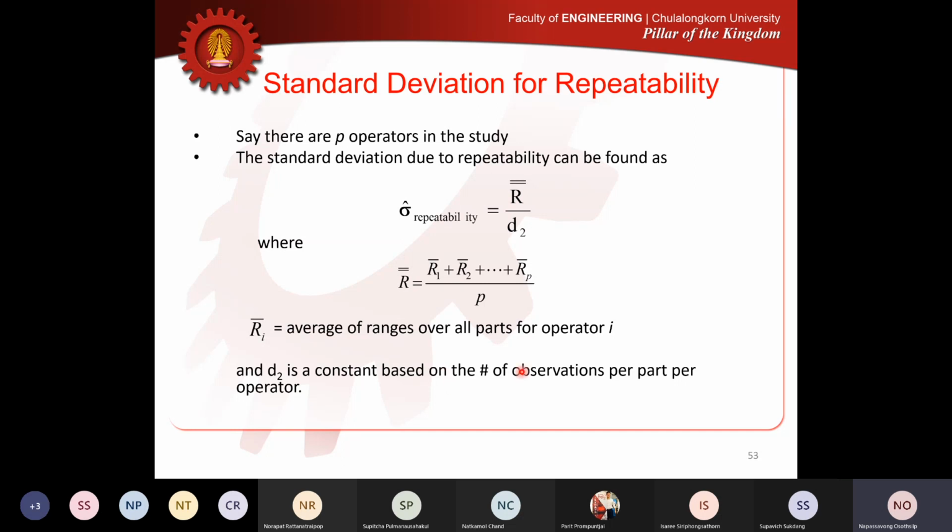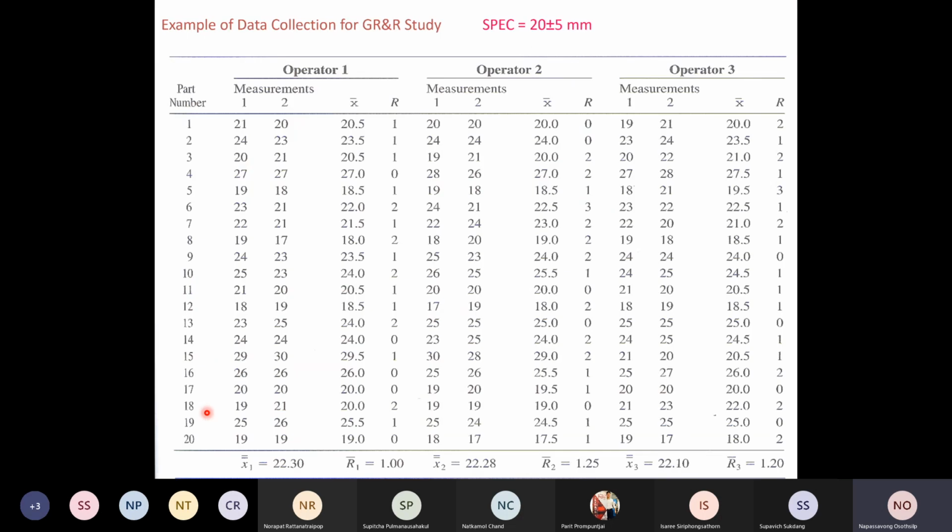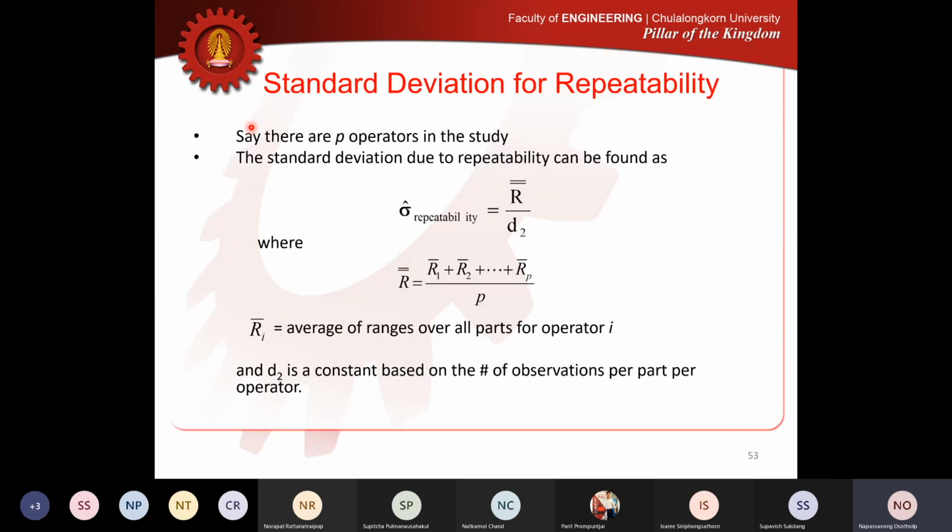In this case, n is the number of observations per part per operator, which means the number of replications. Per part, for each operator, we measure 2 times. So 2 is the sample size n that we use to look up D2.